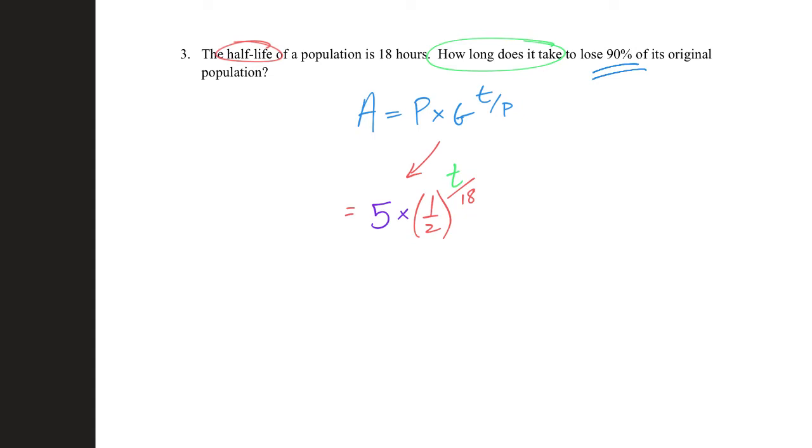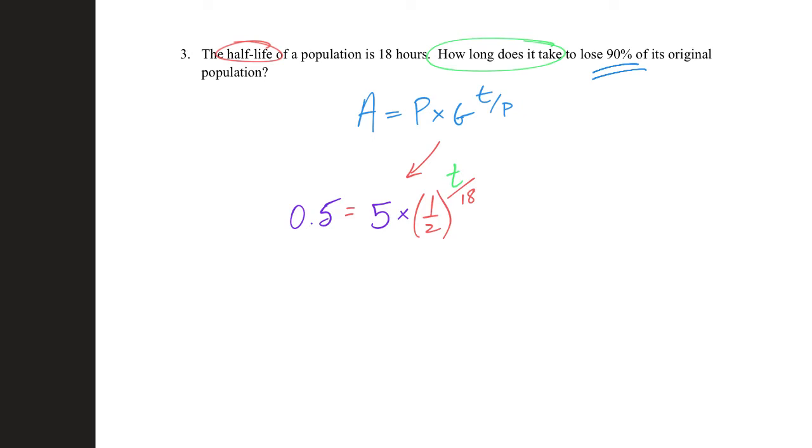The question says, how long does it take to lose 90% of its population? So, for us to take a look at that, 90% of 5 is going to give me 4.5. So that means in the purple, if I lose 90%, then I'm going to lose 4.5. That means I'm left with 0.5.